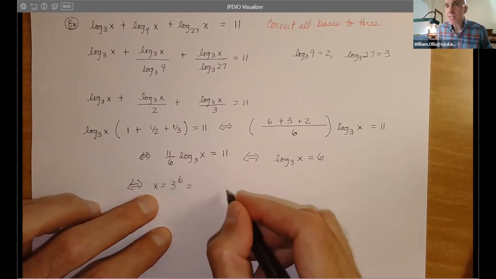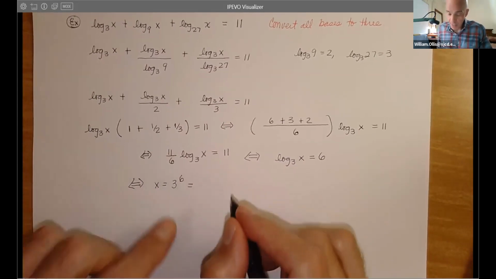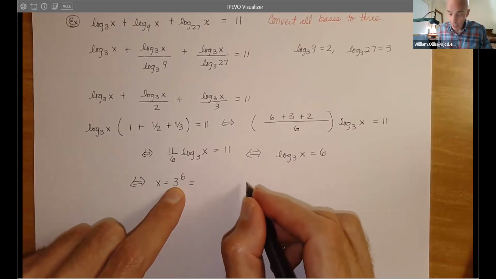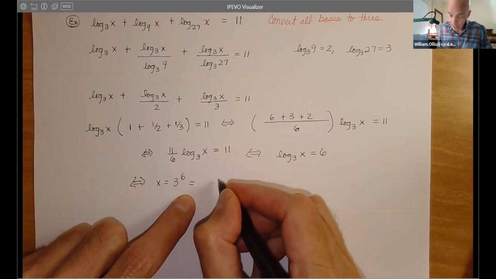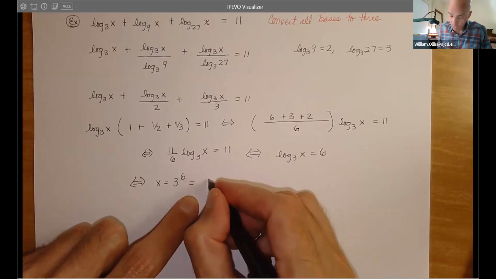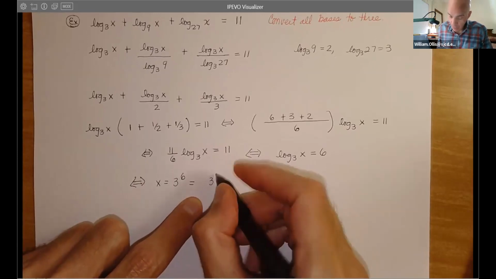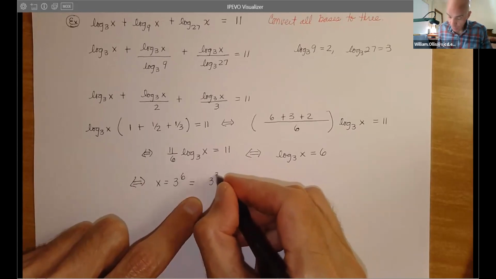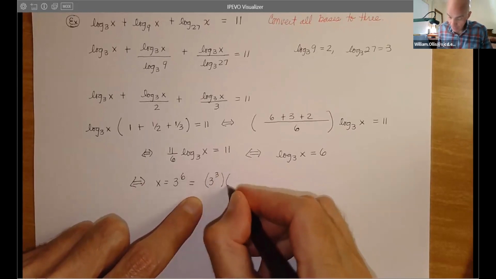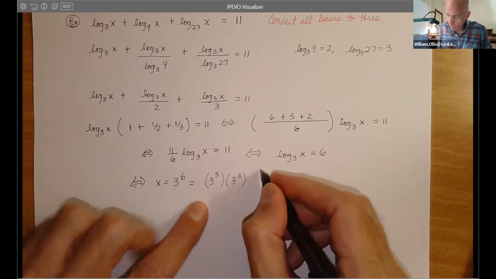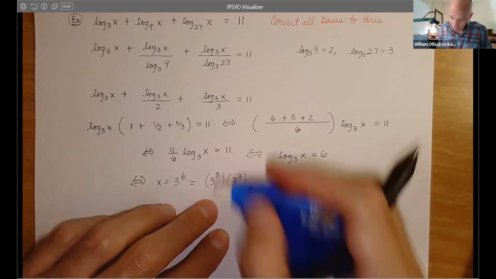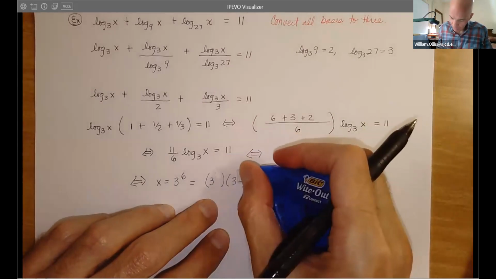But now these are easy powers. 3 to the 6th, that'll just be what, we can write it this way. Let's see, what's the simplest way to do this? Oh yeah, we'll do 3 to the 3 times 3 to the 3. Oh, let's do it this way. This will be even easier. Let's break it up this way.